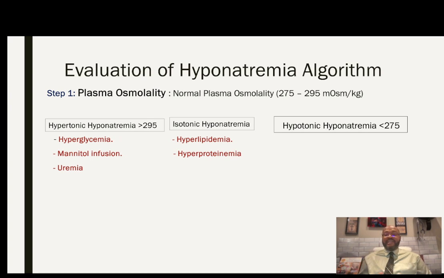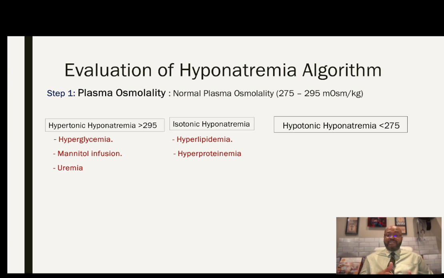But these are situations where triglycerides are high, especially like in familial hypertriglyceridemia, where triglycerides can be in the double digit thousands, like 15,000, 10,000, or hyperproteinemia states like multiple myeloma, Waldenstrom's macroglobulinemia, IVIG infusion.